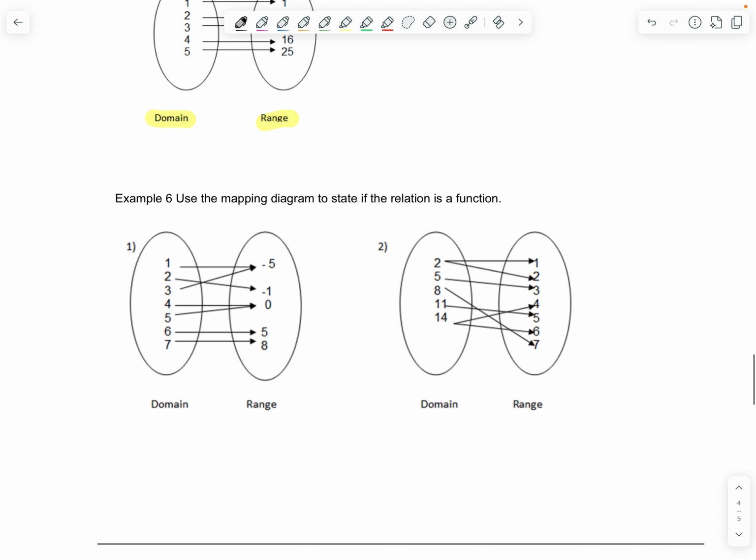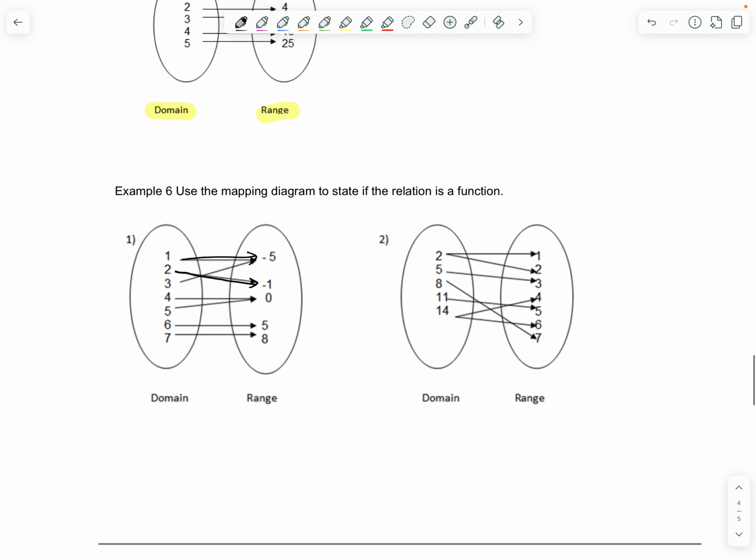So here we have an example. We want to see if this relation is a function or not. Remember the definition of a function: when every x value corresponds to a singular y value, it's a function. So this 1 corresponds to -5, good. This stemming out from this input of 2 is a singular output.